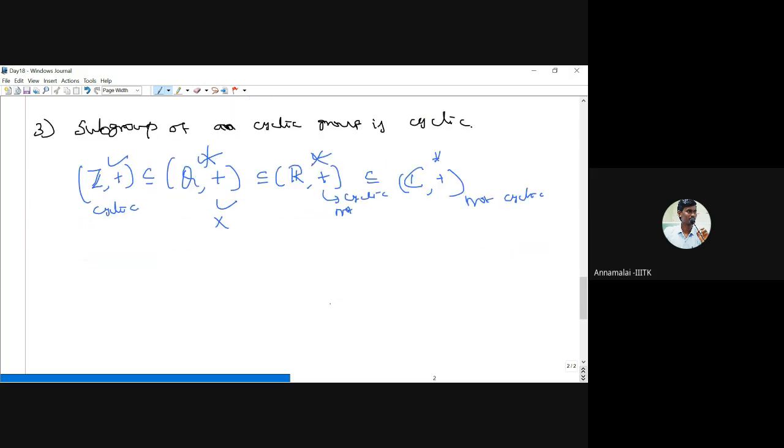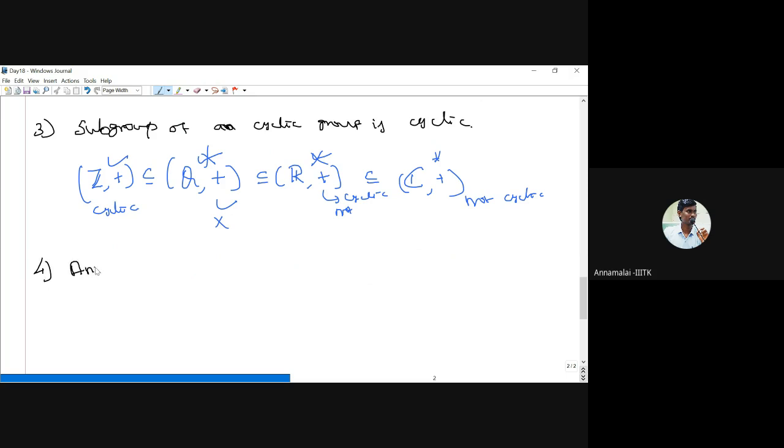Now, there is a characterization: any group of prime order is always cyclic. If you take any group whose order is prime, then the group is automatically a cyclic group.